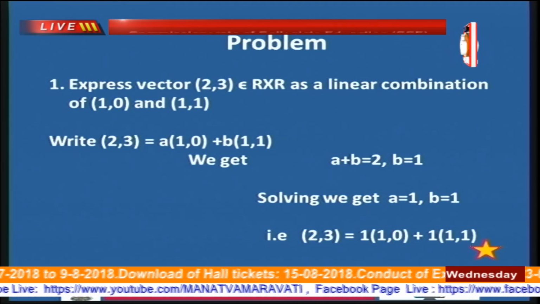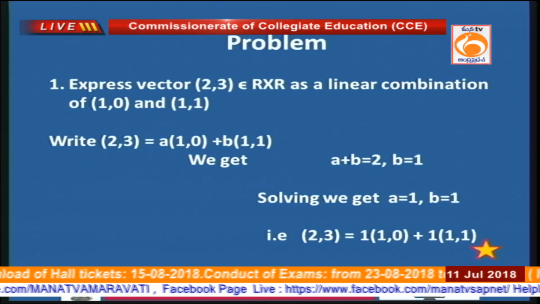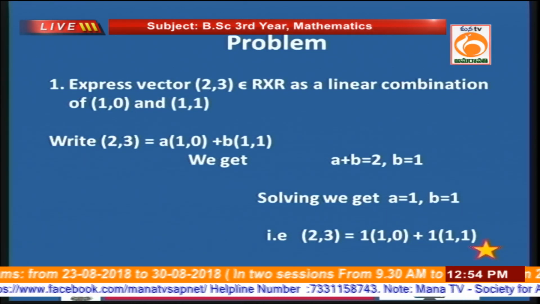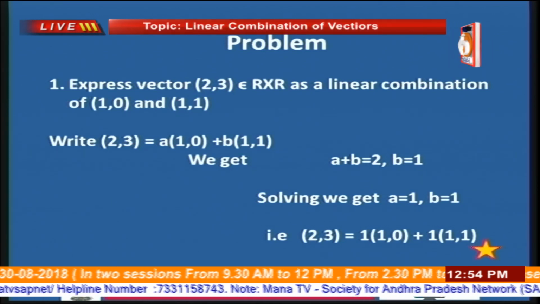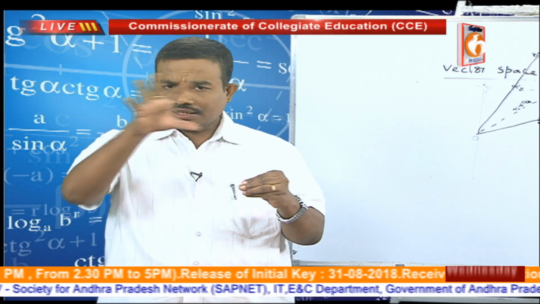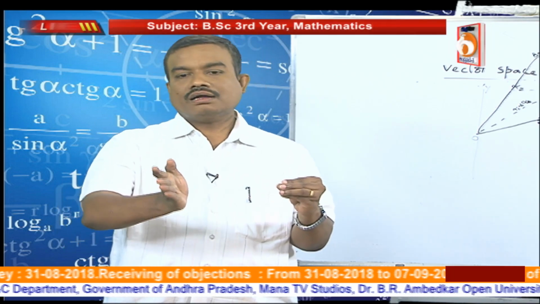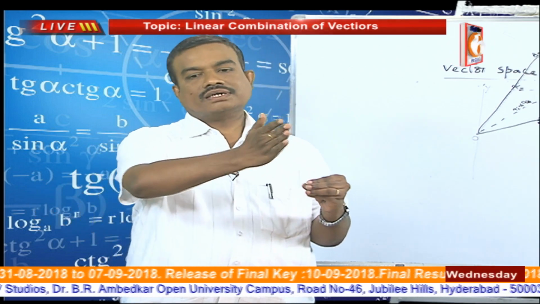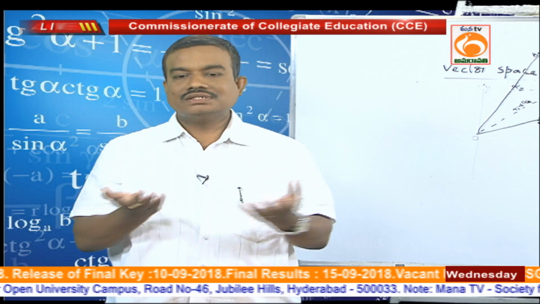Solving that, you get a equal to 1 and b equal to 1. Finally, you write (2, 3) as 1 into (1, 0) plus 1 into (1, 1). It means if I want to reach (2, 3) in the space R cross R, I have to travel 1 unit along the vector (1, 0) and 1 unit along the vector (1, 1). So this is the interpretation of linear combination, right.